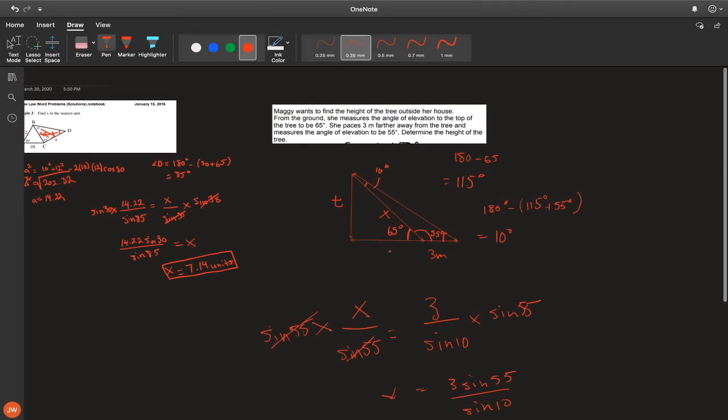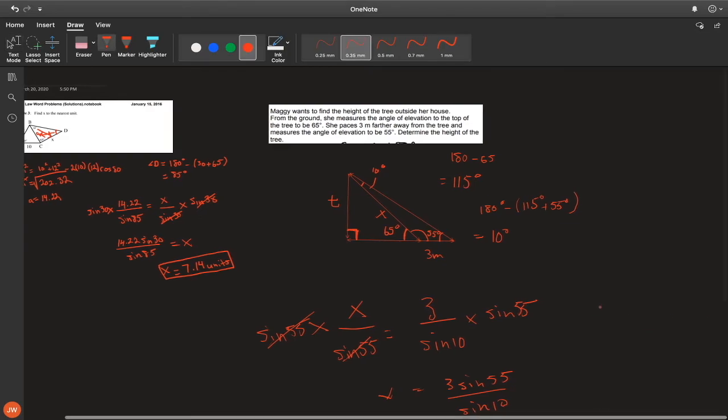So now that we know x, we know this is a right angle triangle right here, so we can use our primary trig ratios to solve for the height of the tree. So let's see what we have.